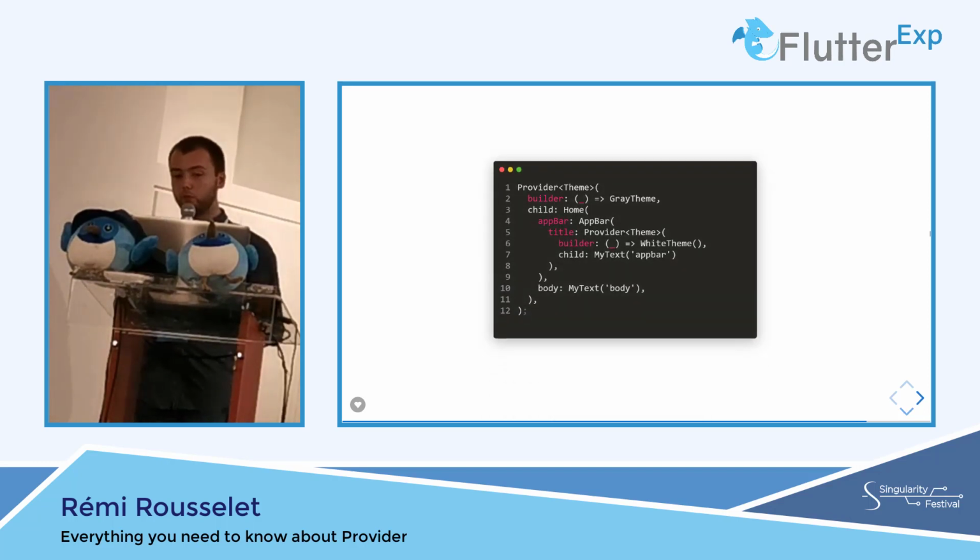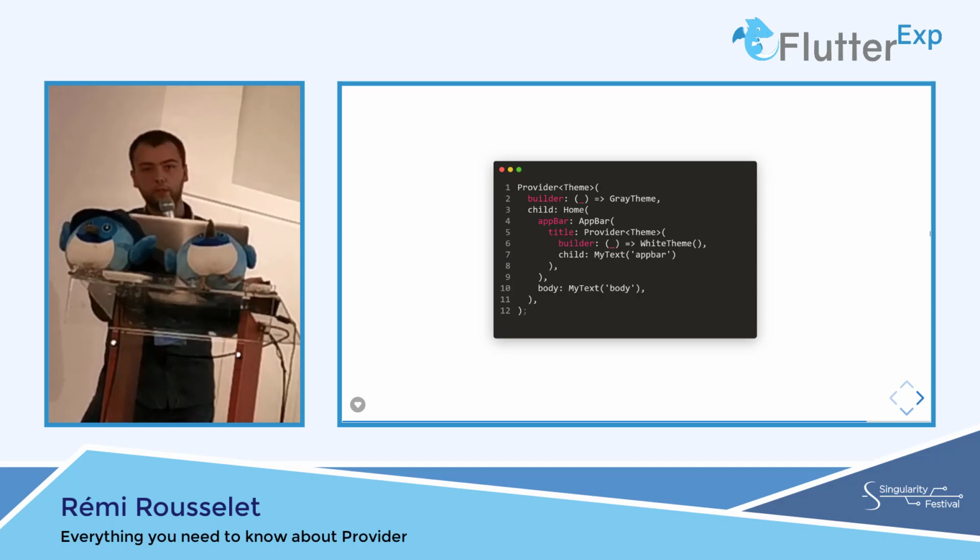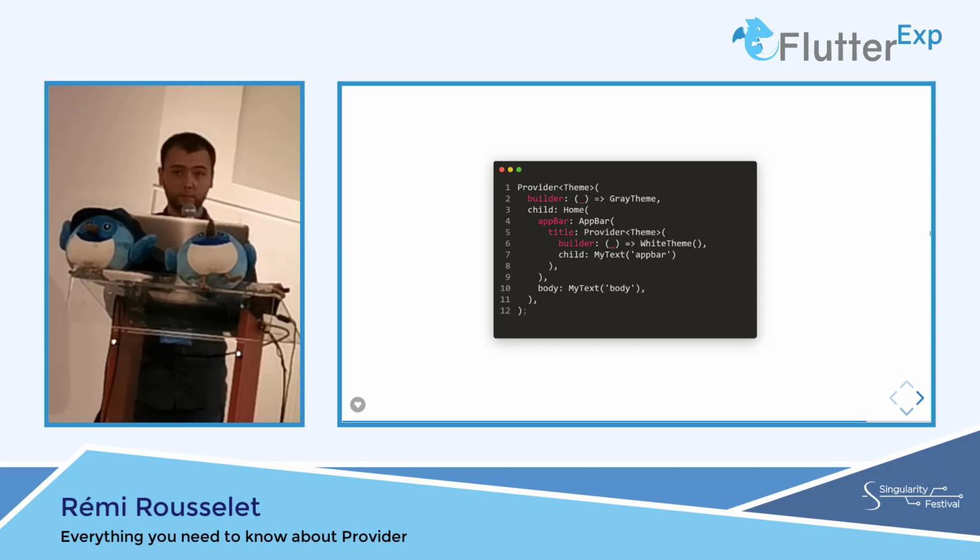So for example, if we wanted to implement such architecture using provider, then we would have code that somehow looks like this. So we have our provider at the root of the application, that is creating the theme. Then we have our home screen, and somehow an app bar somewhere.